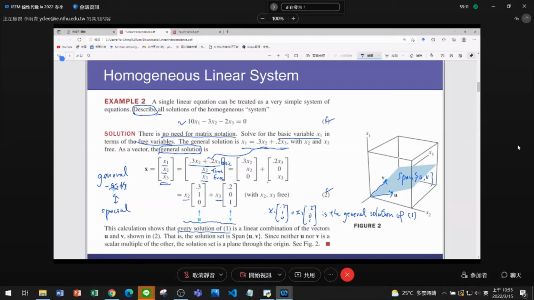Span of u and v is the general solution set, and it's a plane through the origin. 它是一个通过原点的平面，而且是通过原点并且通过 u、v 的平面。OK，那这个 example 大家有没有什么问题？Is there any questions related to this example?